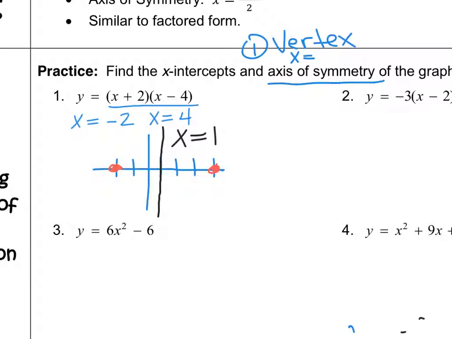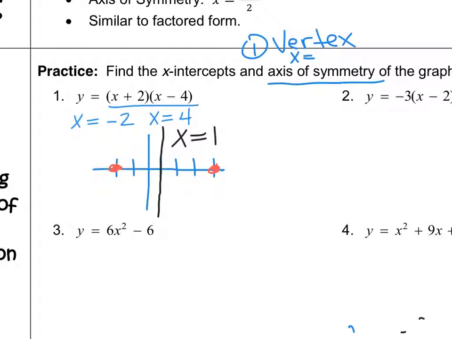The rest of this practice, go ahead and put them into your calculator. Same thing, find your two zeros, verify in the table that those are the two zeros, and then either find the vertex to get your axis of symmetry or just come to the middle to get your axis of symmetry.